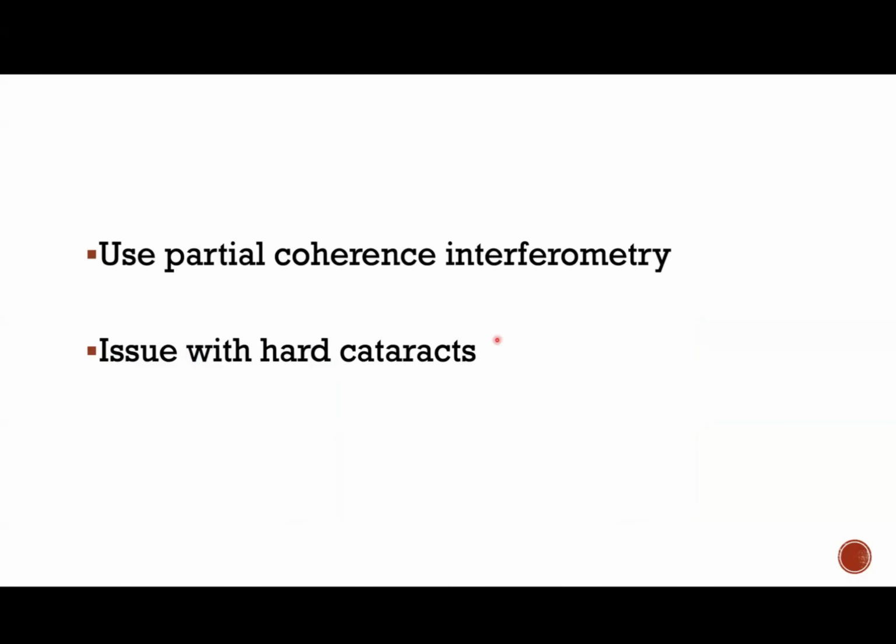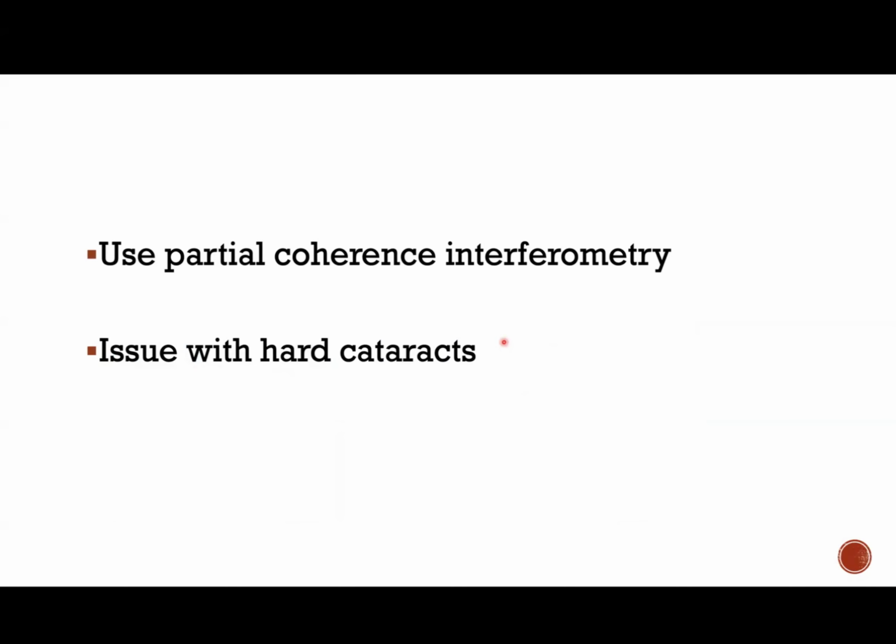The only issue with the IOL Master 500, which uses interferometry technology, is that there are some issues with hard cataracts. Most of those cataracts cannot be measured using the IOL Master 500.